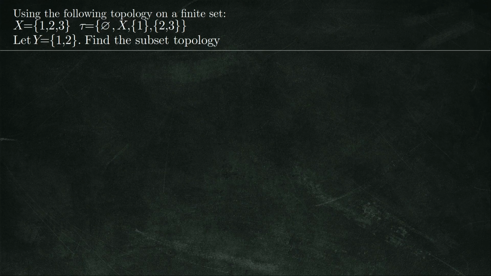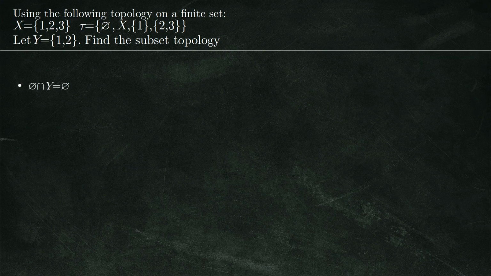Okay, so using the topology on a finite set, which is given here, but we've seen it in previous lessons, and a subset Y, which is {1, 2}, we need to find the subspace topology. Because this is finite, we can just go through and intersect Y with all of the open sets.